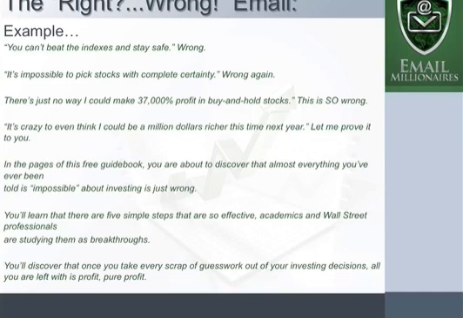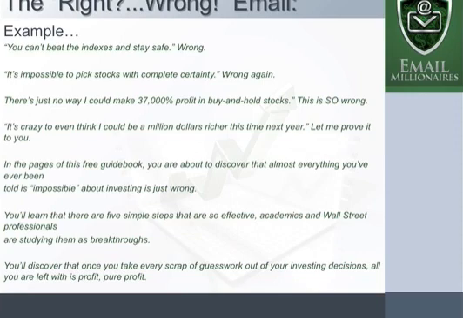It says, you can't beat the indexes and stay safe. Wrong. It's impossible to pick stocks with complete certainty. Wrong again. There's just no way I could make 37,000% profit in buy and hold stocks. This is so wrong. It's crazy to even think I could be $1 million richer this time next year. Let me prove it to you.